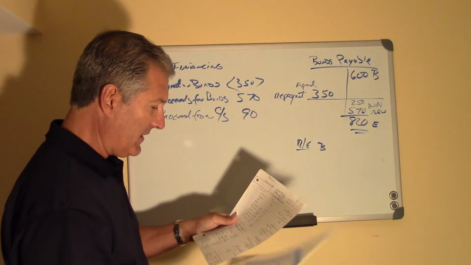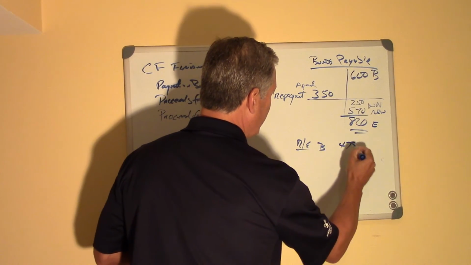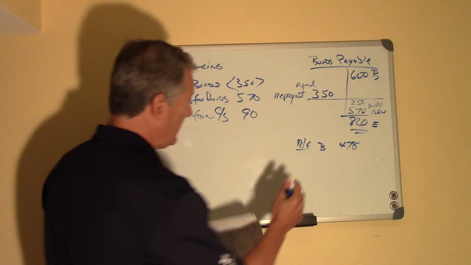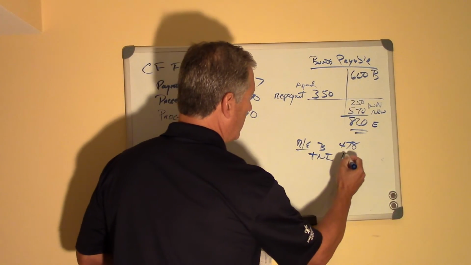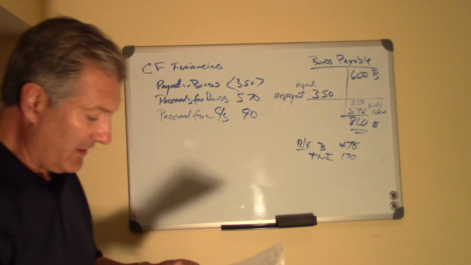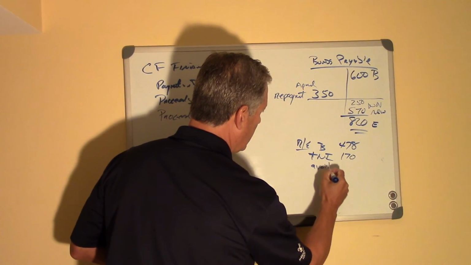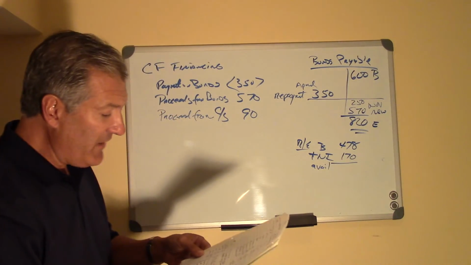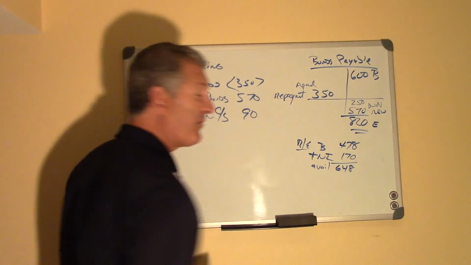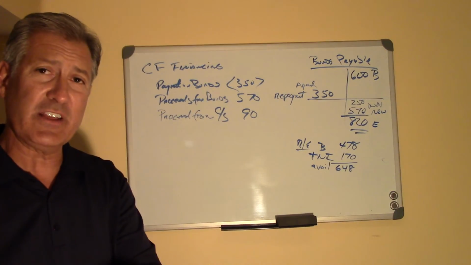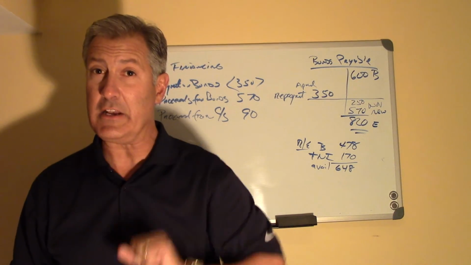Beginning balance in retained earnings of what? $478. Add what? Net income from the income statement, $170. Retained earnings available for distribution to stockholders, $648, right? Because isn't that what retained earnings is? Undistributed net income, undistributed accumulated net income.